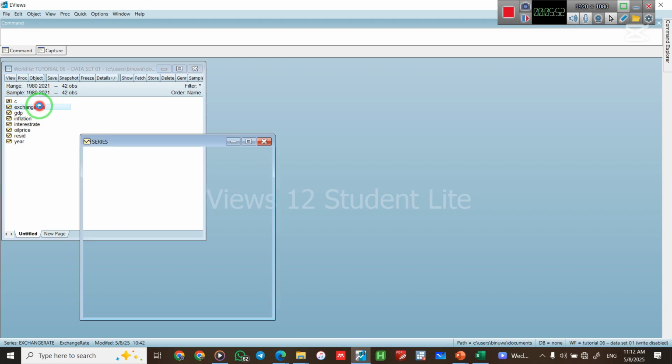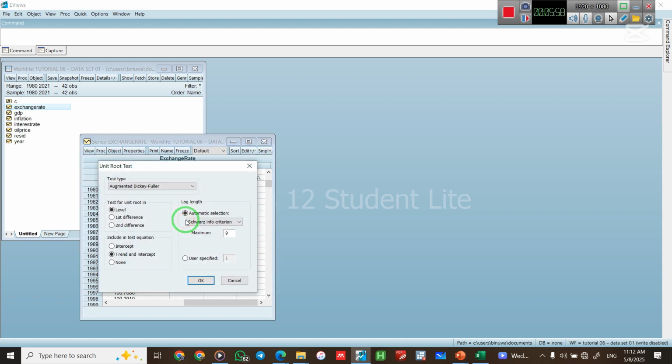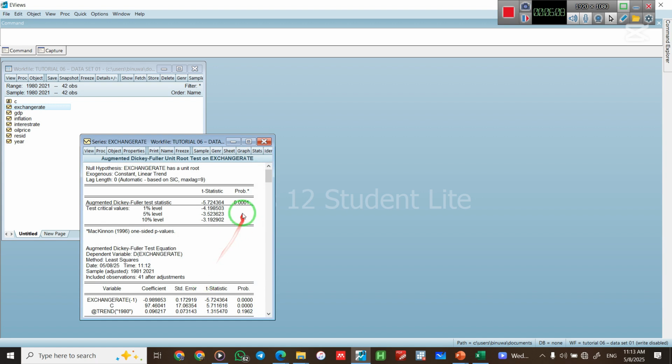I will double click the exchange rate, go to view, unit root test, standard unit root test, select the ADF test on level data, select trend and intercept, then press OK. The probability value is less than 0.05. That means the exchange rate becomes stationary at its level data, right?